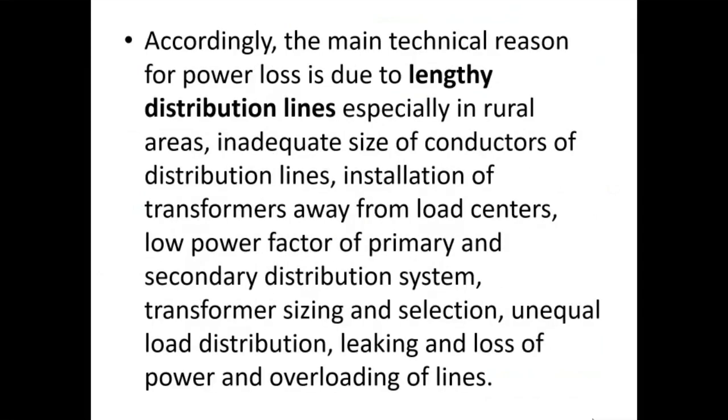Accordingly, the main technical reason for power loss is due to lengthy distribution lines, especially in rural areas. Inadequate size of conductors of distribution lines, installation of transformers away from load centers, low power factor of primary and secondary distribution system, transformer sizing and selection, unequal load distribution, leaking and loss of power, and overloading of lines.